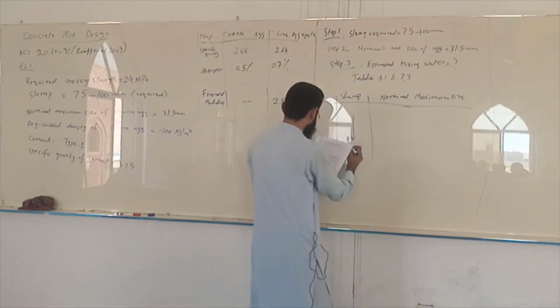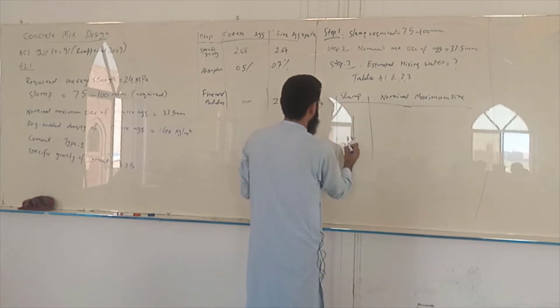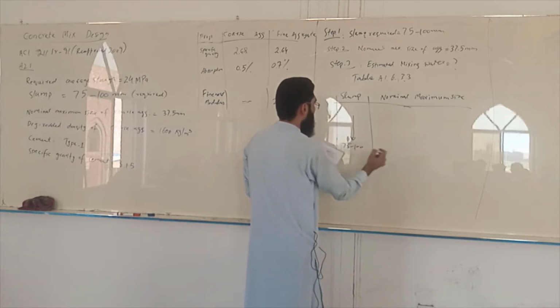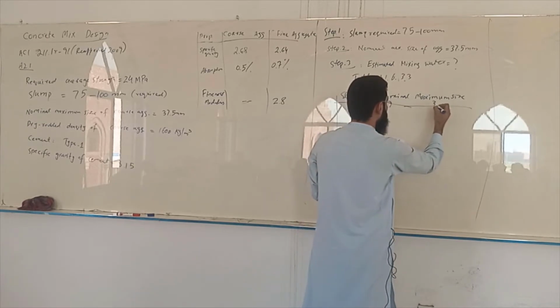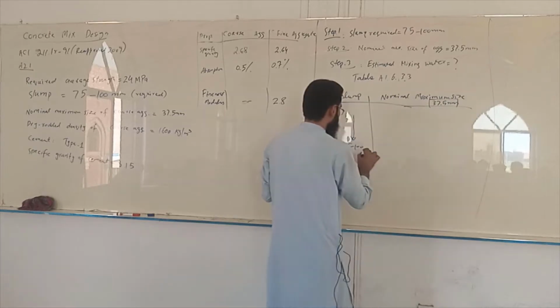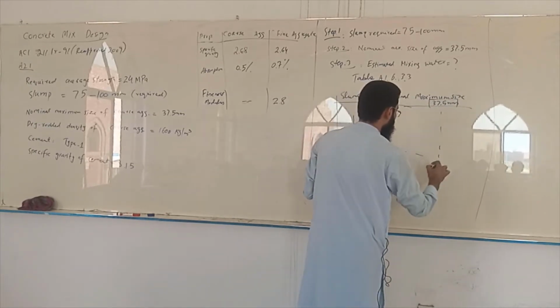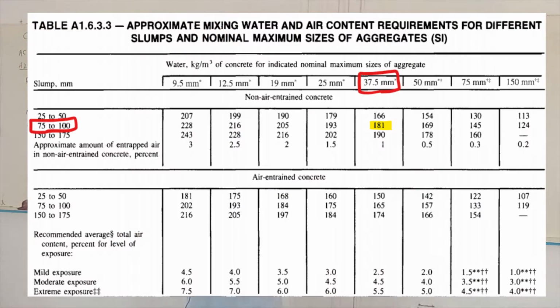Now our value is 75 to 100, and that value is 37.5 millimeters. So you will go this way and then that way, and there you should be able to read the value for the estimated mixing water.